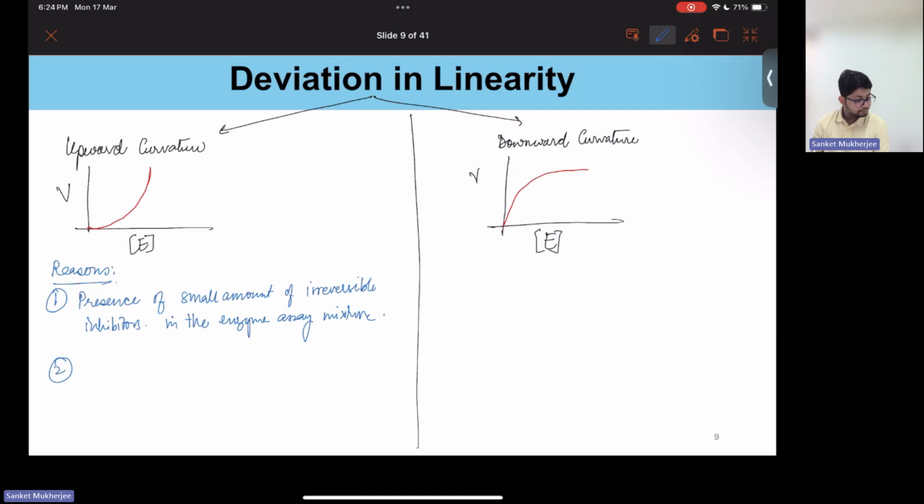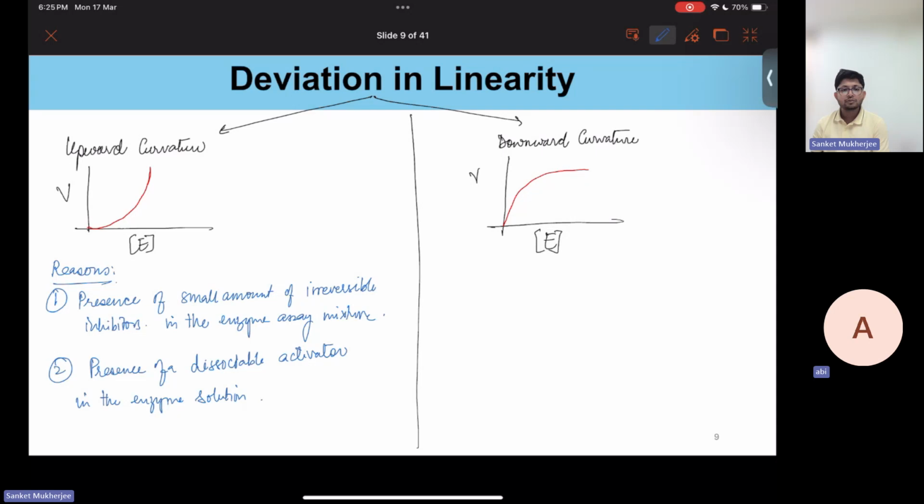Another potential reason could be presence of a dissociable activator in the enzyme solution. It's very similar to the lag kind of what we observed earlier.